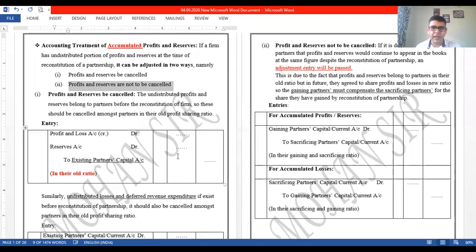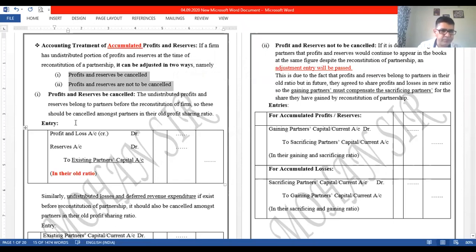So because of that, some adjustment has to be done. We'll learn that today and we'll solve the sums also, right? The reserves and profits may be very handy, very useful to us in the future. Because the change in ratio has taken place, accordingly we need to make some adjustment entry for that. Again, I'm using the word adjustment entry. Adjustment entry will be partners to partners. Partners who gain will be debited and partners who sacrifice will be credited.